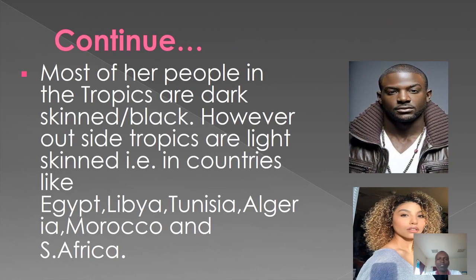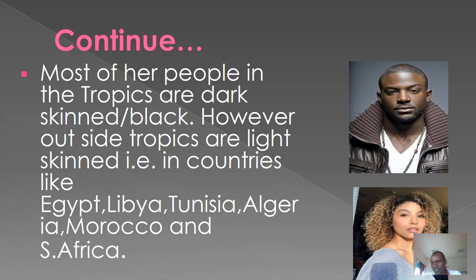When you look at the people in Africa, you realize that all those who live in the tropics are dark-skinned, or we can say they are black, and those who are living outside the tropics are in most cases light-skinned.